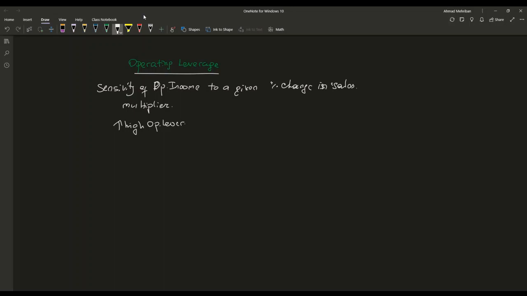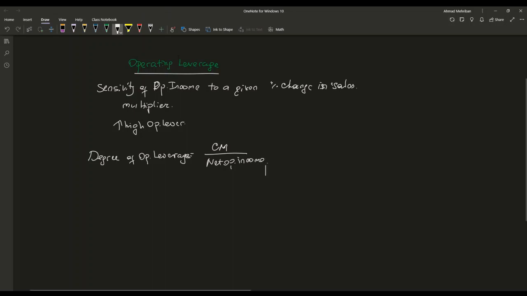So the higher the operating leverage, the better it is for the operating income. The formula to calculate the degree of operating leverage is very simple: contribution margin divided by net operating income.